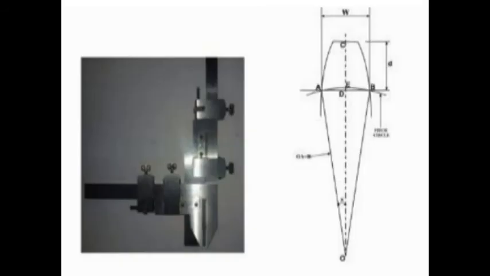This figure shows a gear tooth vernier caliper. You can see the two jaws, the horizontal scale with the vernier, the vertical scale with the vernier, and the blade or tongue which moves up and down.